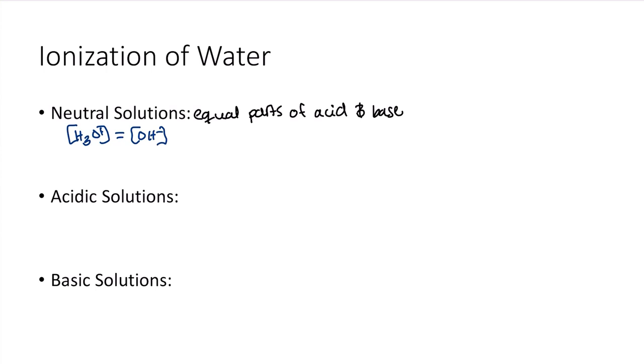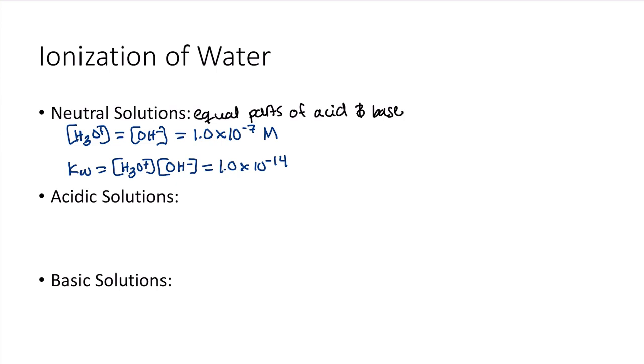And since we know that Kw is equal to the concentration of hydronium ion times the concentration of hydroxide, and that has to be equal to 1 times 10 to the negative 14, that means when you have a neutral solution, the concentrations have to be equal. They both need to be equal to 1.0 times 10 to the negative 7, because 1.0 times 10 to the negative 7 multiplied by 1.0 times 10 to the negative 7 is going to equal 1.0 times 10 to the negative 14.